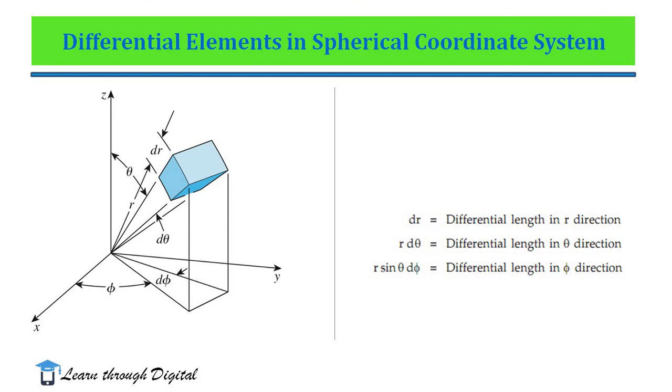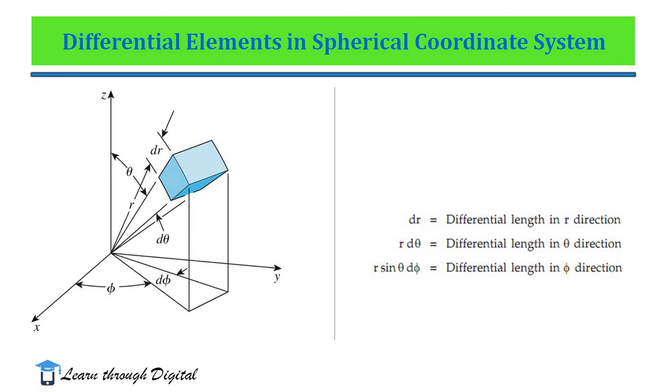Now there are two spheres of radius r and r plus dr. There are two cones with half angles theta and theta plus d theta. There are two planes at the angles phi and phi plus d phi measured from the xz plane. All these surfaces enclose a small volume which is shown in this figure.